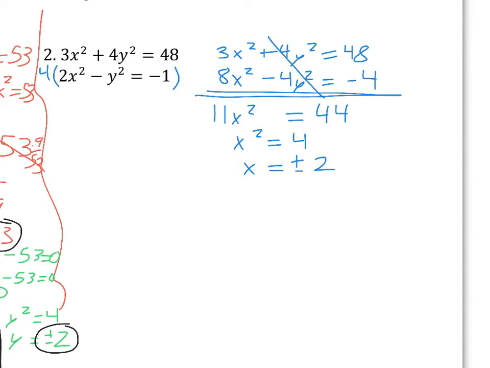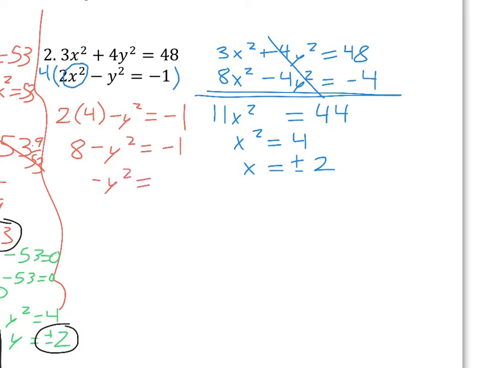Okay, so again, I can plug in 2 and negative 2 for x, or I could just plug in 4 for x squared. So if I plug in 4 for x squared, and I'm using the bottom equation, I get 8 minus y squared equals negative 1. Subtract 8 on both sides.